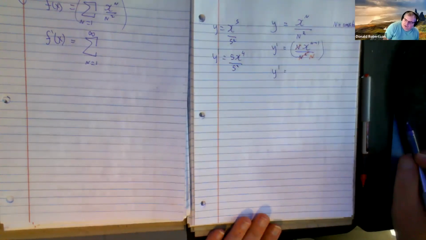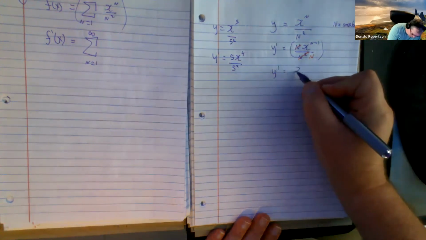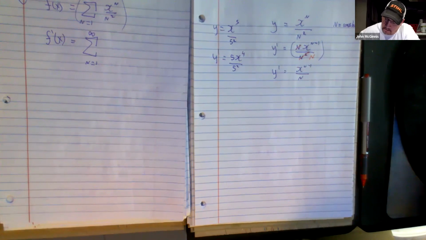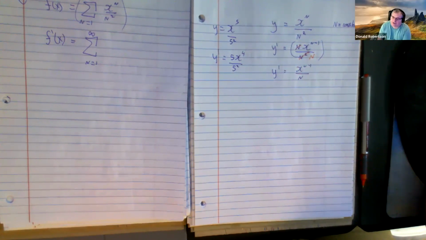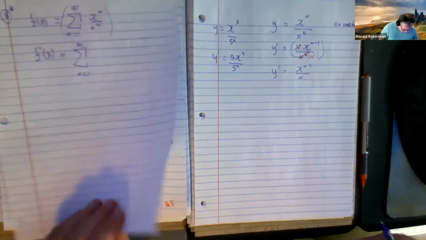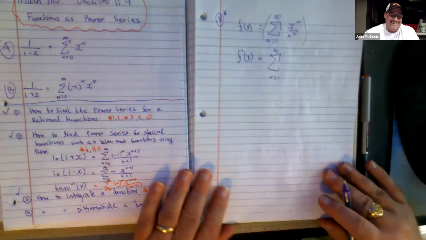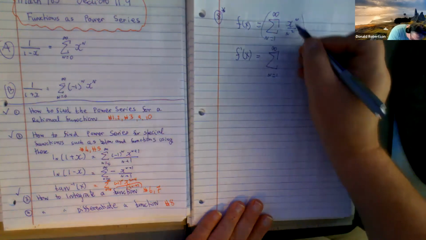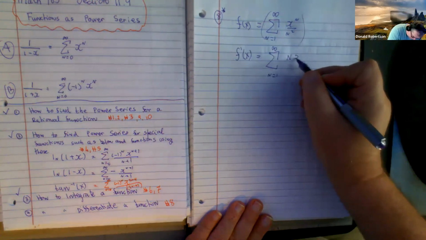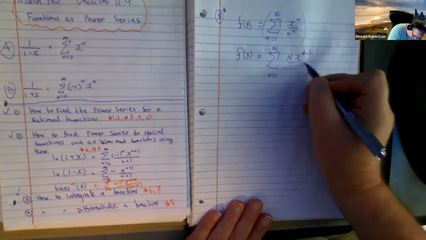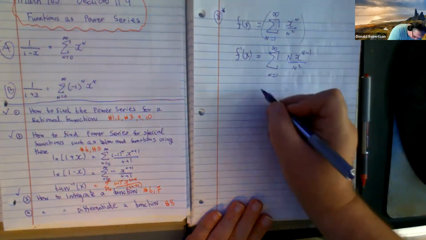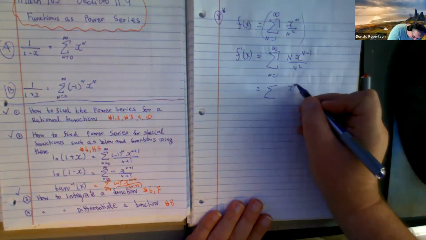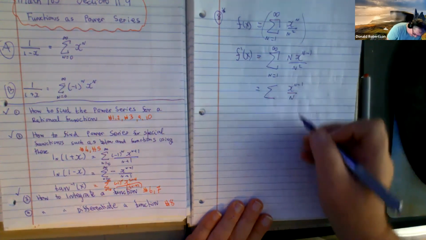Won't the n and the n squared cancel and you get an n in the bottom? So I hope that's what you meant, John. Yeah. So that's what you get. An n on the top cancelling with an n squared in the bottom leaves me with an n. It was hard to say, but I got the gist of what you're saying. So in this question, if you differentiate it, you get n times x to the n minus 1 over n squared, just like we did a few seconds ago. That in turn becomes x to the n minus 1 over n.